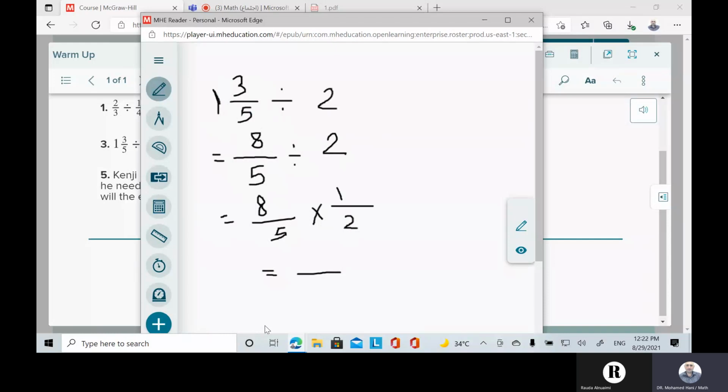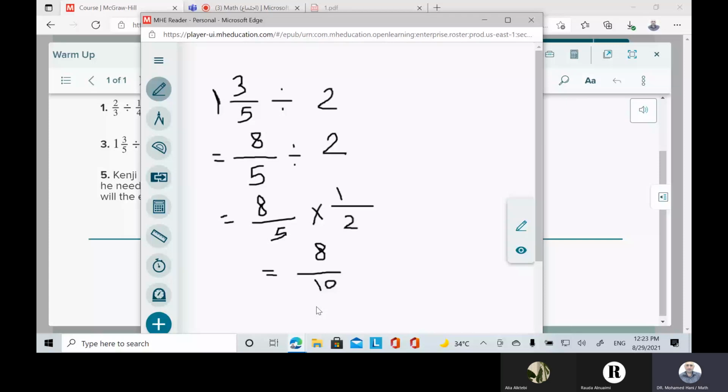Then how to multiply the two fractions? Multiply numerator by numerator and denominator by denominator. 8 times 1 will be 8, and 5 times 2 will be 10. Who can tell me now, is this fraction simplified or do we need to do simplest form?